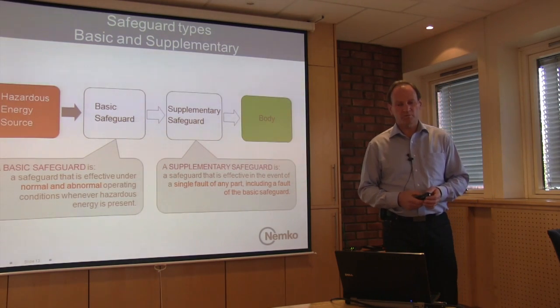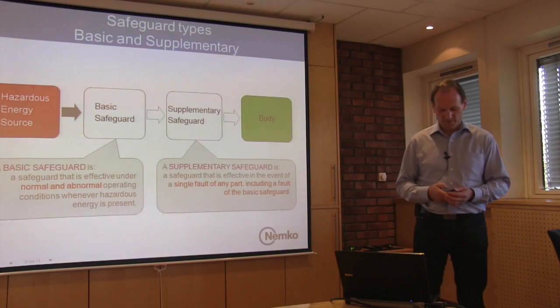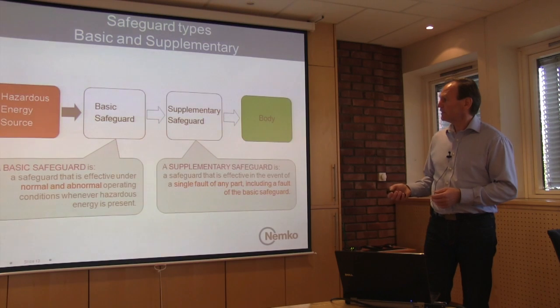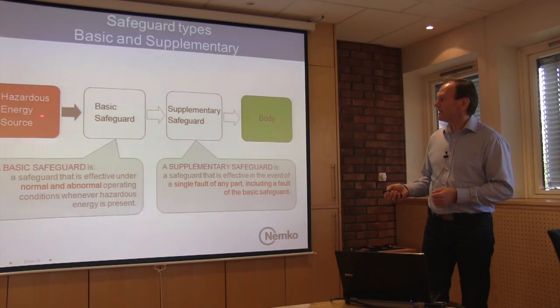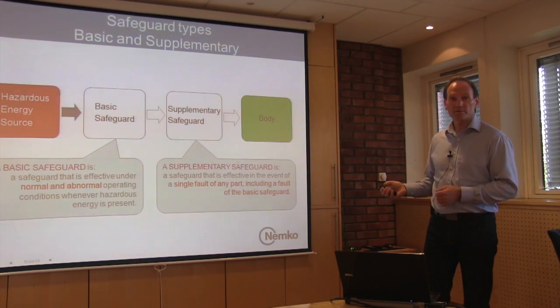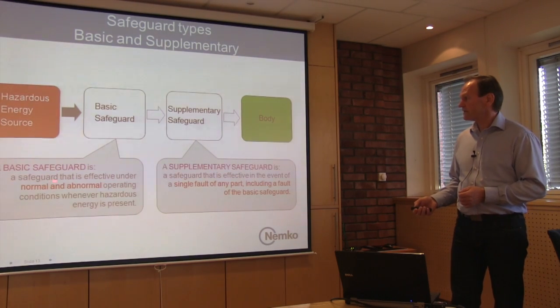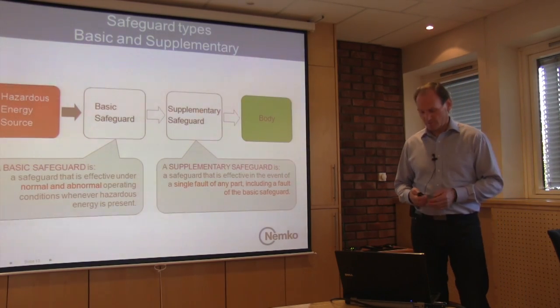And then we come to safeguard types, and that is the basic and supplementary. You have the hazardous energy source, the basic safeguard, the supplementary safeguard, and the body part. The basic safeguard is effective under both normal and abnormal operating conditions.